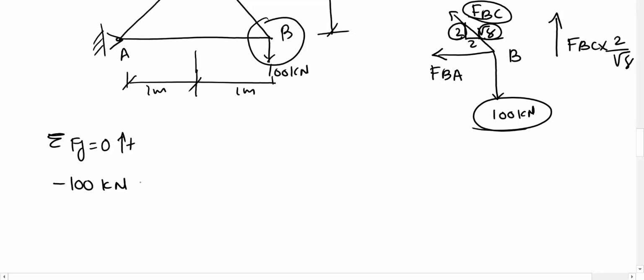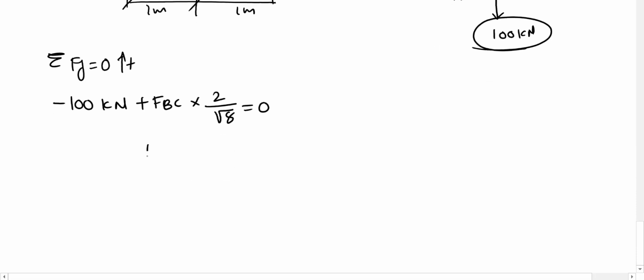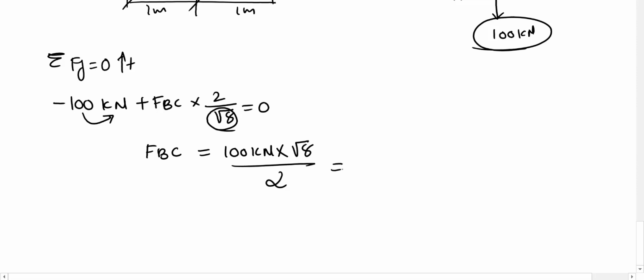So plus FBC times 2 on square root 8 equal to 0. We can bring 100 kilonewton across and multiply by square root 8 on 2. That gives us the value of 141.4 kilonewtons. So that is FBC.